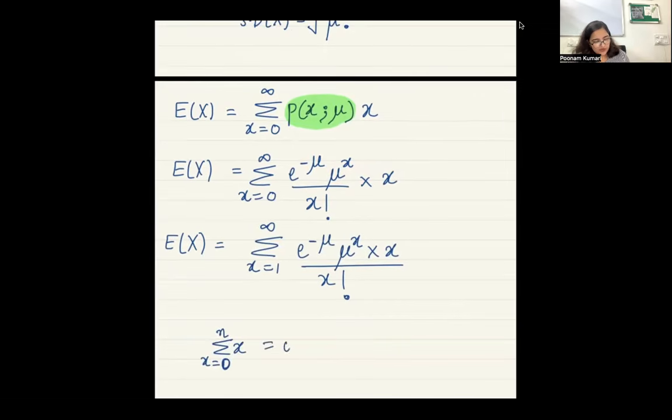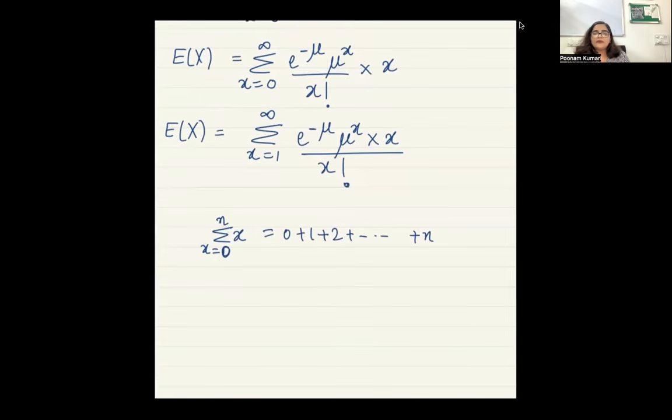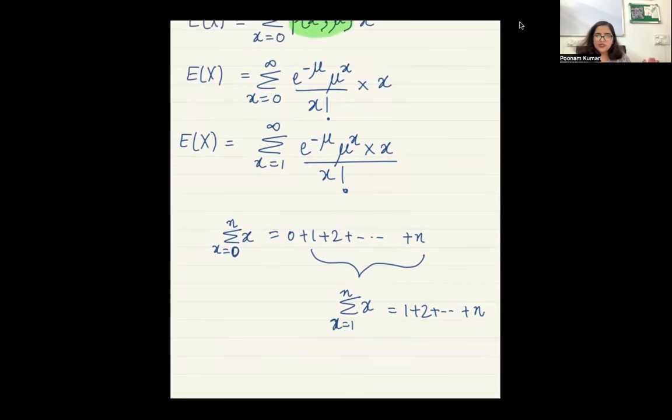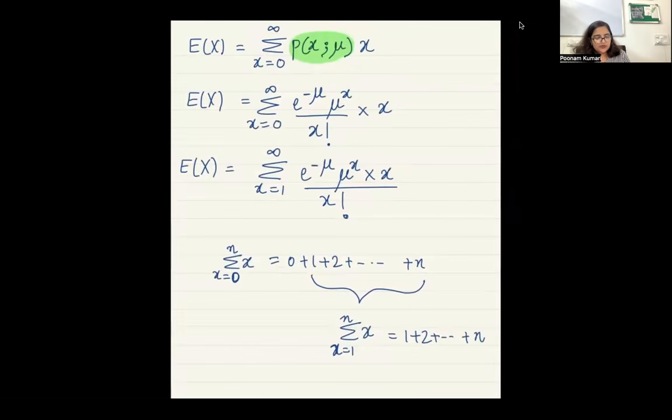This is basically 0 plus 1 plus 2 up to n, right? I could have just done this summation with x going from 1 to n, because that is also 1 plus 2 plus 3 up to n only. The 0 didn't make a difference to this entire sum, because it was 0. That same logic we are applying here: because this term was 0, it really didn't add anything.